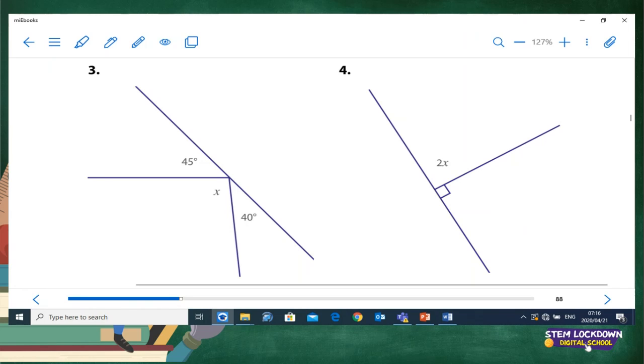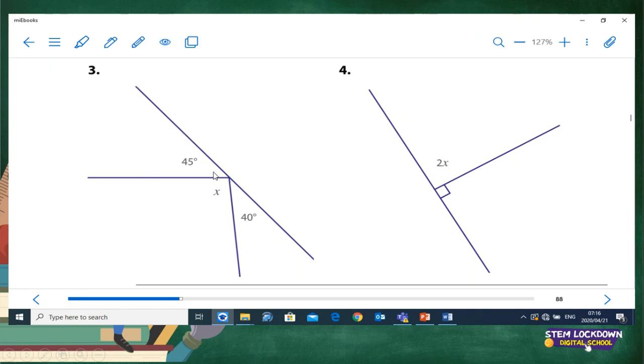And what is the straight line? The straight line will be the line that is moving from the left towards the right. Now that line is a straight line, and 3 angles are formed out of that straight line because we have 2 other lines which are joining this line.